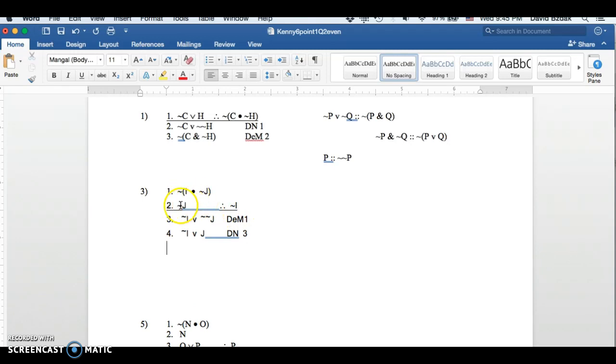Okay, so then we have not J here, we have this disjunction, so we can get not I, our conclusion, just from, let's see, disjunction elimination of 2 and 4.